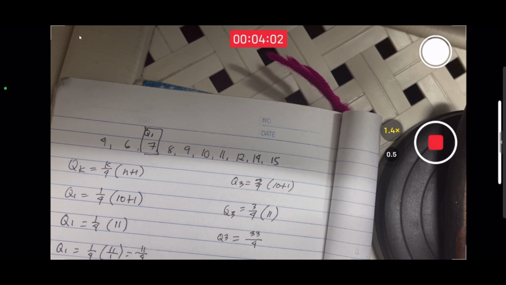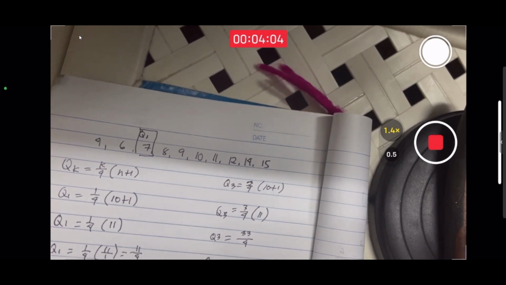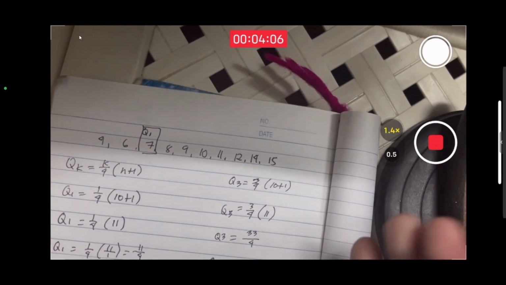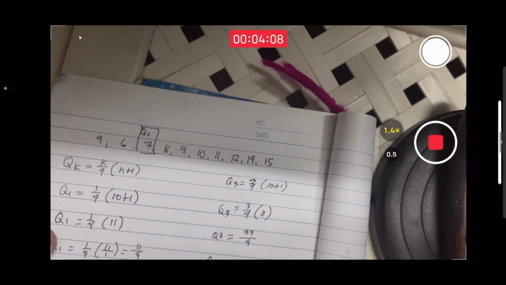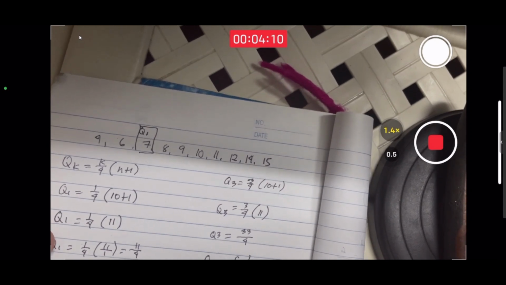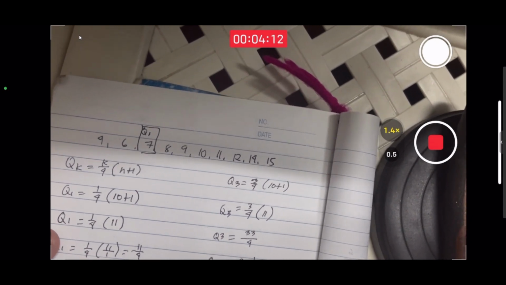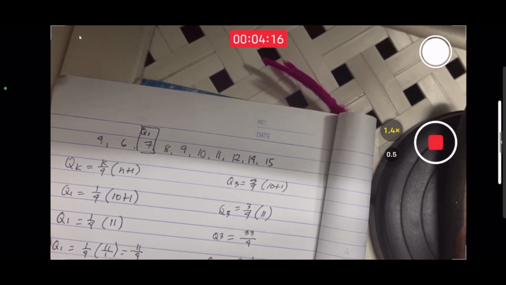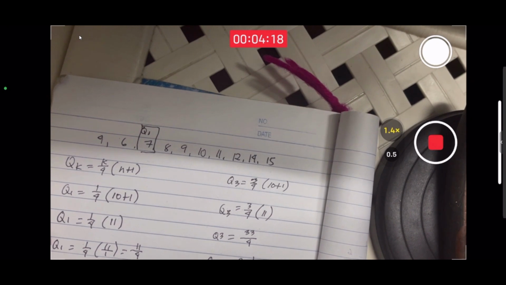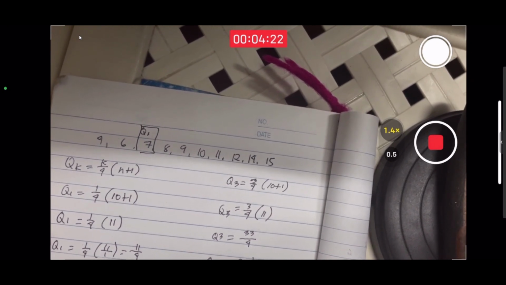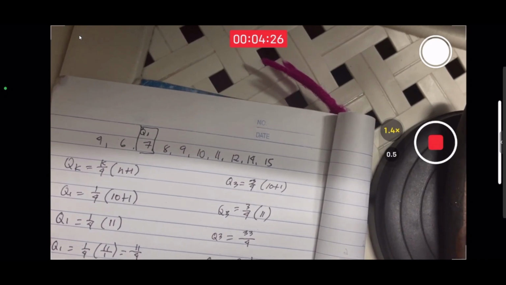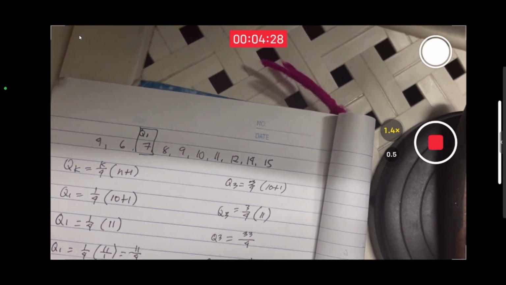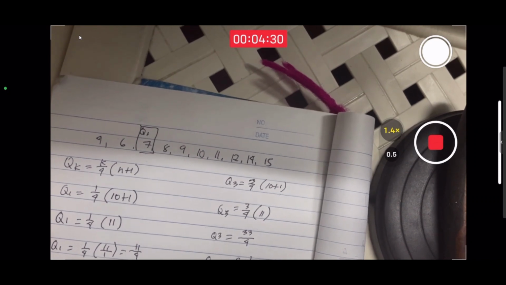So Q3 is equal to 8, and the remaining is 1/4, which is 0.25. We cannot round it up, so our quartile 3 is on the 8th position.